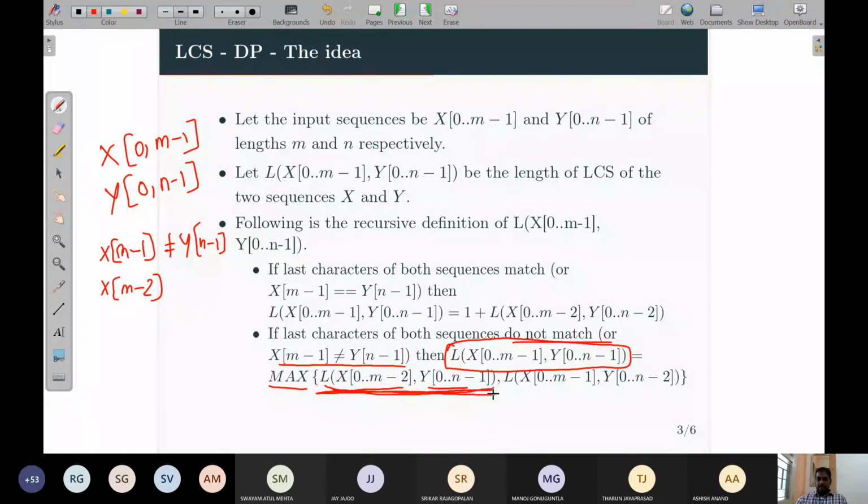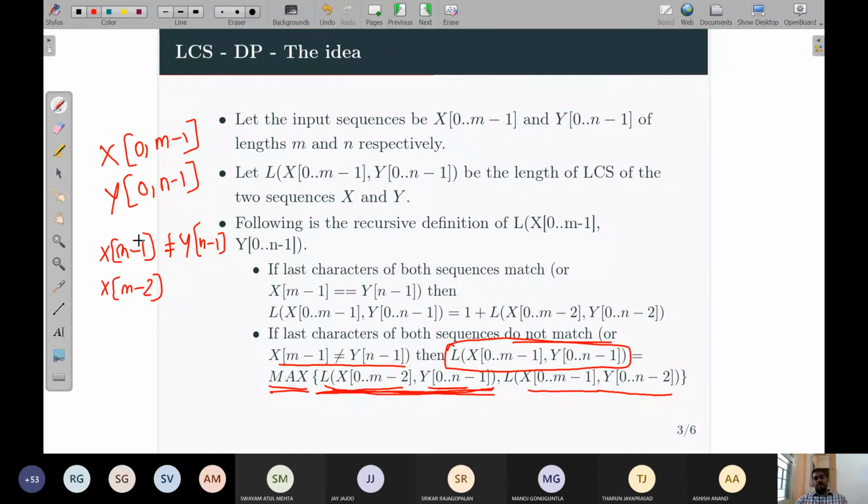That means we are going one cell up. This means x equal to m minus 1, we keep it as it is. Y n minus 2, we are going one cell to the left. One cell up, one cell to the left, take the maximum. This is the logic. Take the maximum.